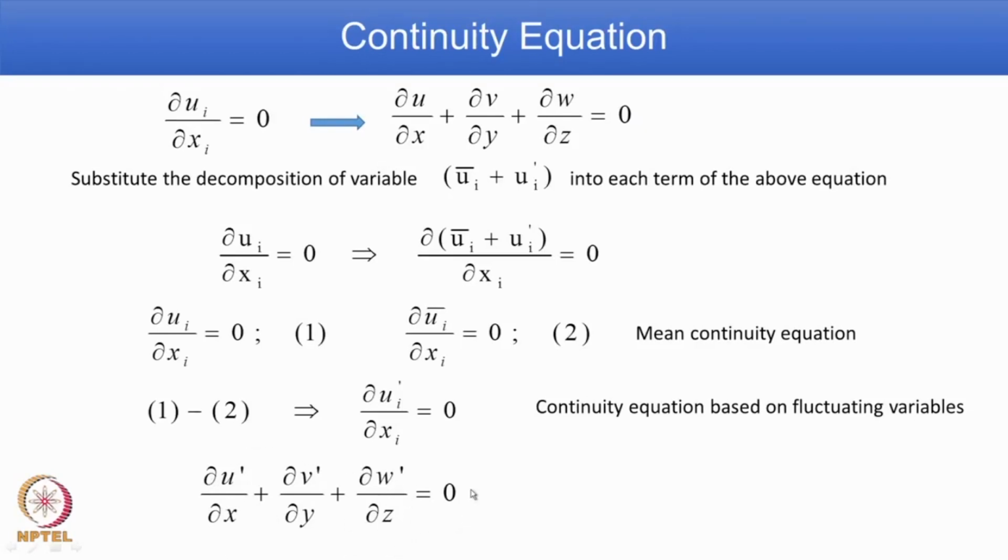The format looks the same, that is you have ∂/∂x of u plus ∂/∂y of v plus ∂/∂z of w. We use quantities that are instantaneous, mean, or fluctuating. So, we have the continuity equation written in the same form.